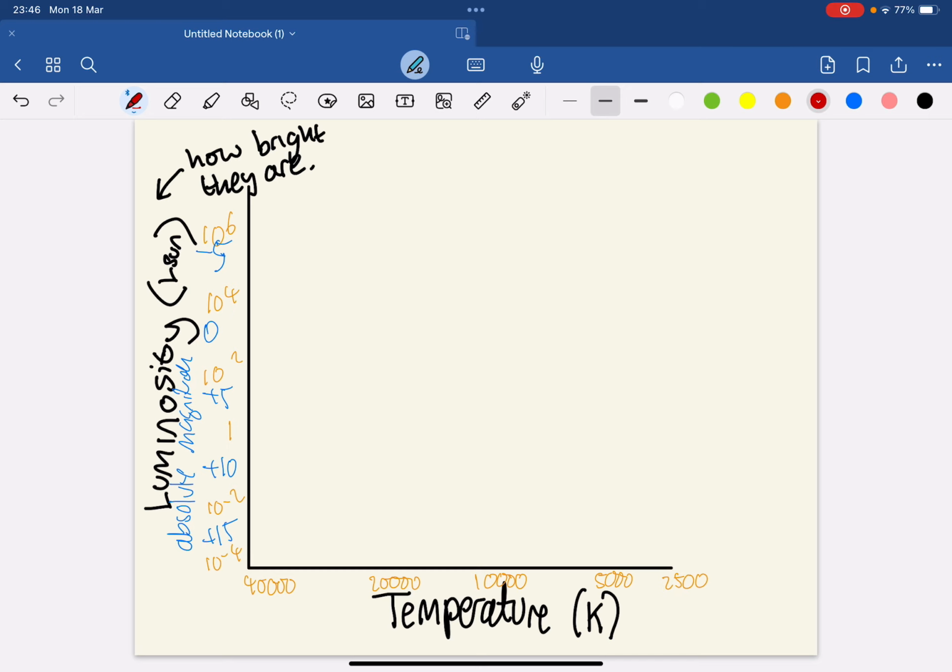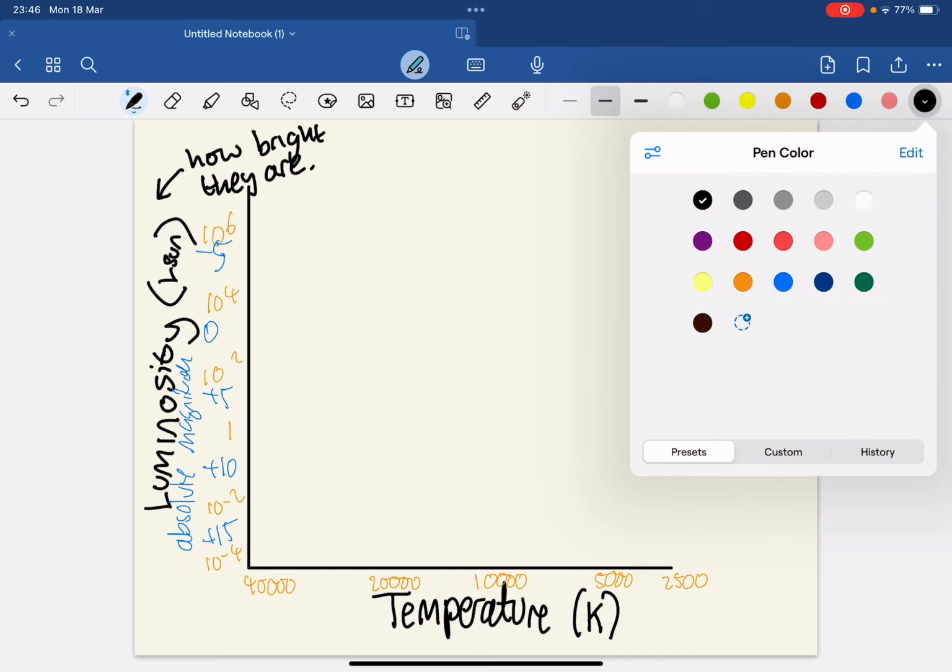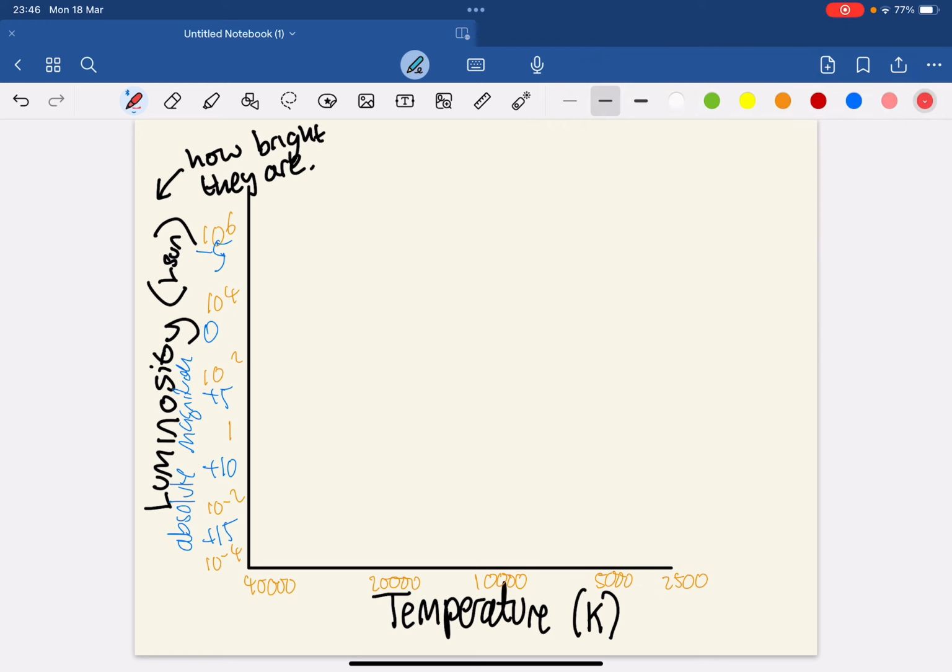But whatever it is, it's the same pattern that you've got to be able to learn, and that is that in this first area here, we're going to have those white dwarfs. White dwarfs are in the bottom left-hand corner. When we reflect on these, they are very hot, but they're small, and so they're quite dim.